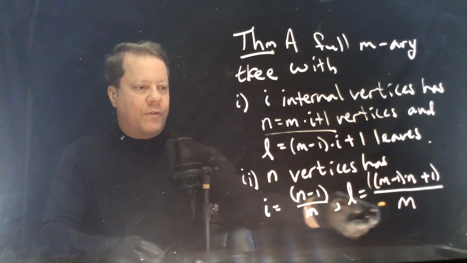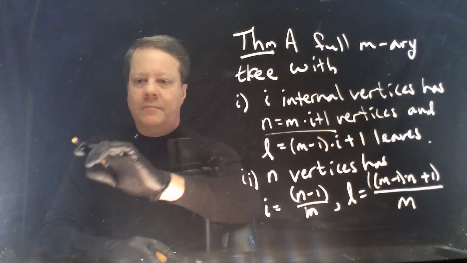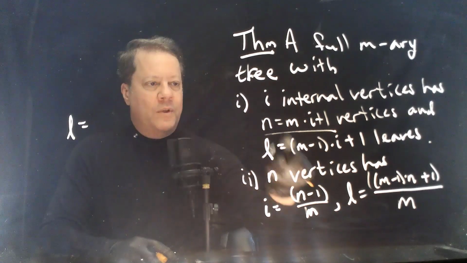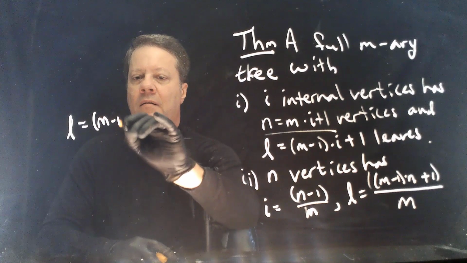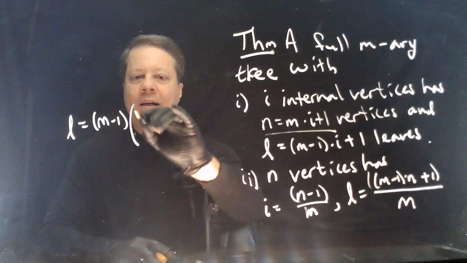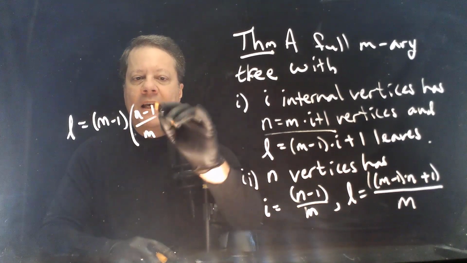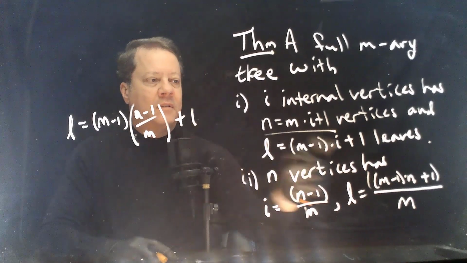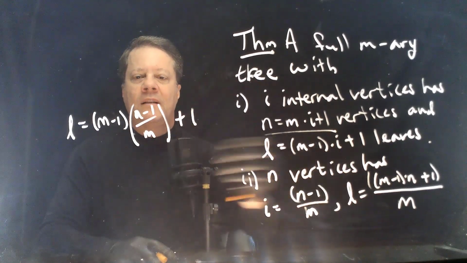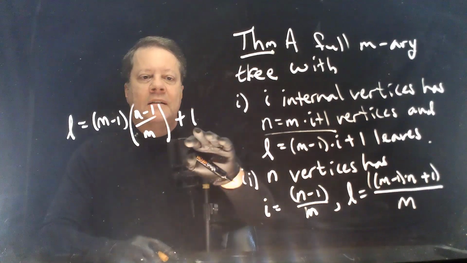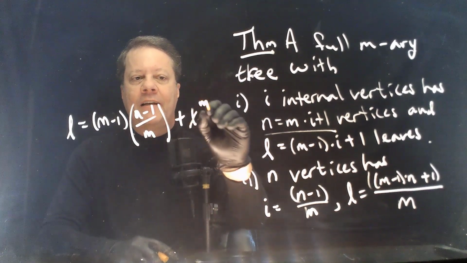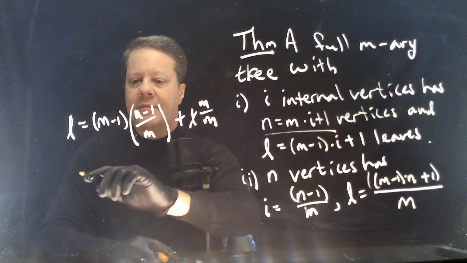To better see where this formula came from, we start with m minus 1 times I, but I gets replaced by n minus 1 divided by m, plus 1. This first term is going to be a fraction, and you add fractions by having a common denominator.